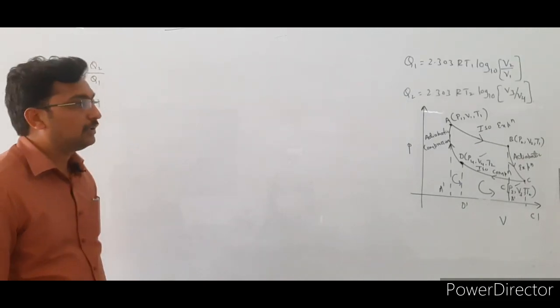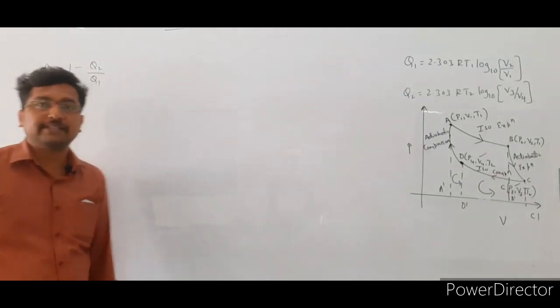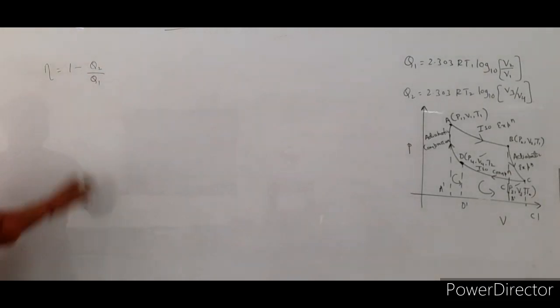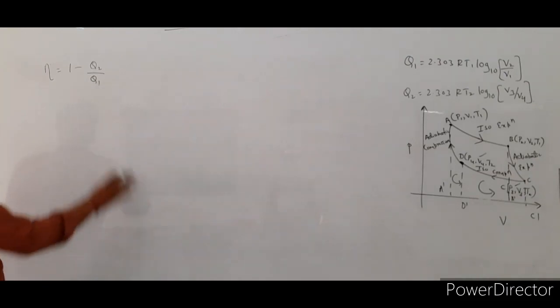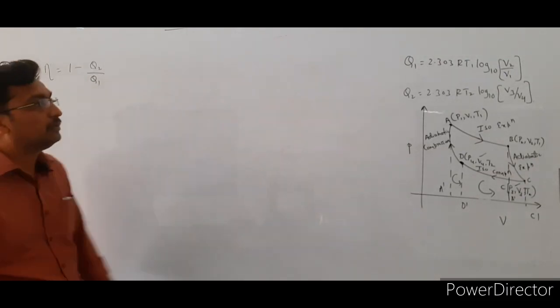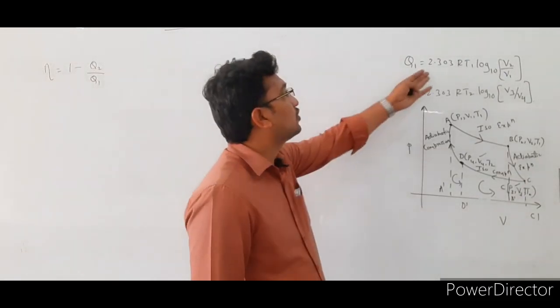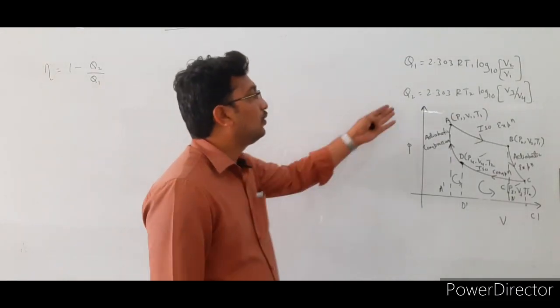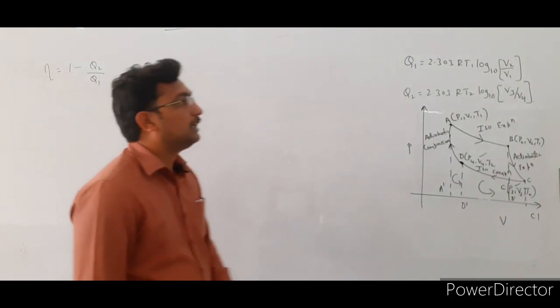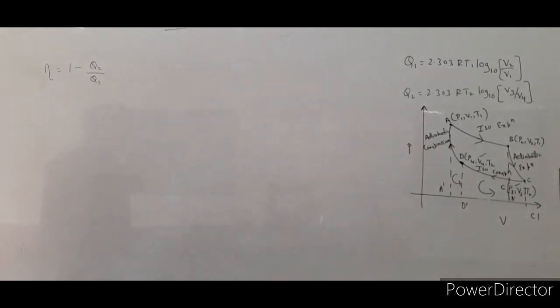Okay. So next, we are going to find the efficiency of this Carnot engine, that is eta is equal to 1 minus Q2 by Q1. So already we know the Q1 and Q2 values. What is the Q1 value here? That is 2.303 RT1 log base 10 V2 by V1, and the Q2 value is 2.303 RT2 log base 10 V3 by V4.